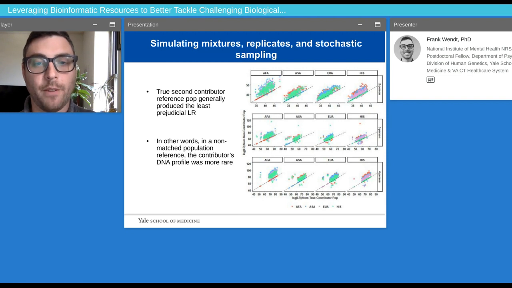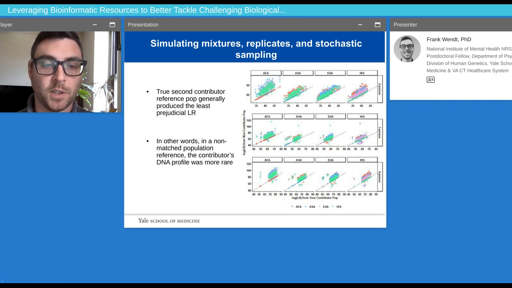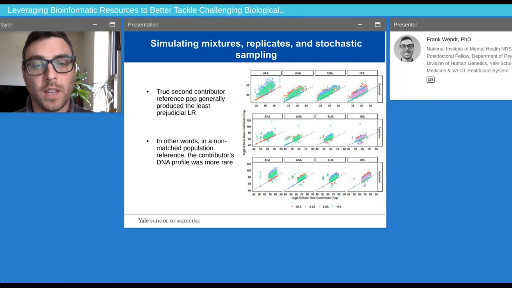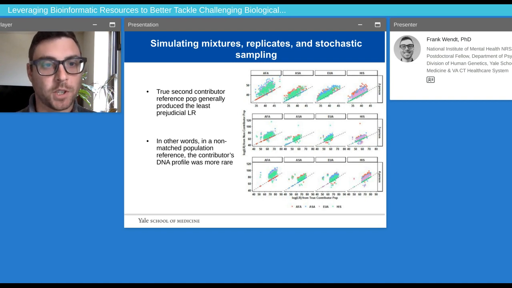So here we have our simulated mixture results for 2-person, 3-person, and 4-person mixtures. Again, we are only using same ancestry combinations of individuals. So in the top left there, that AFA box, we are only looking at 2-person mixtures, both of whom are from our African American cohort. We took that mixture and we calculated likelihood ratios for all 200 of the mixtures we created.